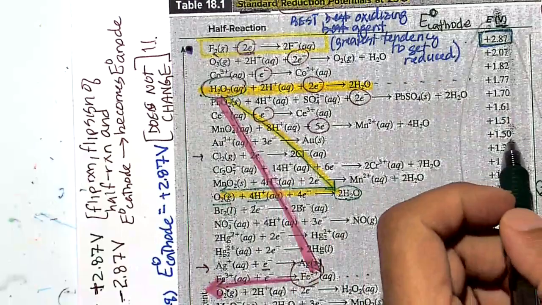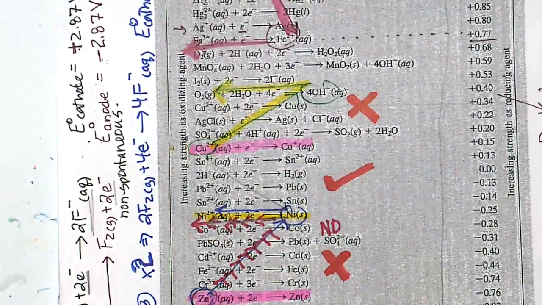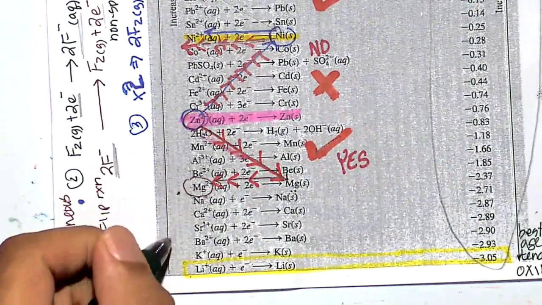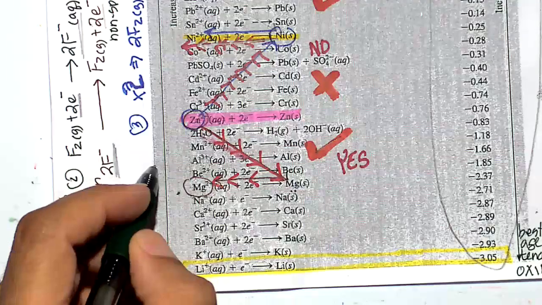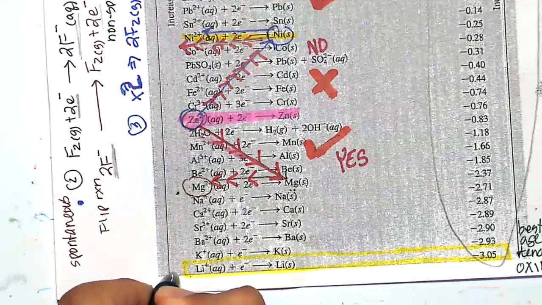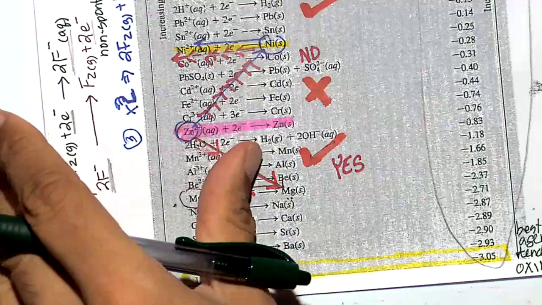Everything below it can get flipped into the anode. You pick one, any one of these half reactions, anything above it cannot get flipped. Anything above it stays the same. What do you do to it? You flip it.